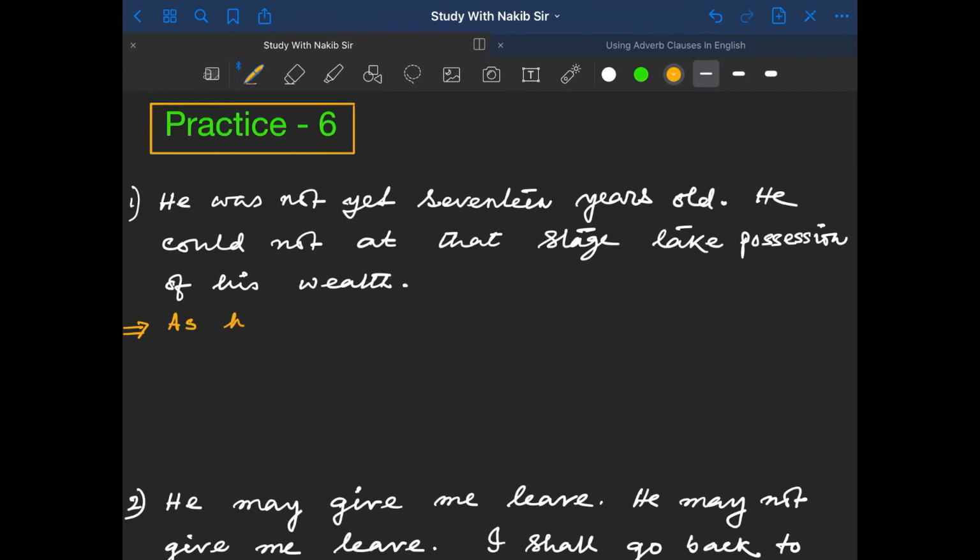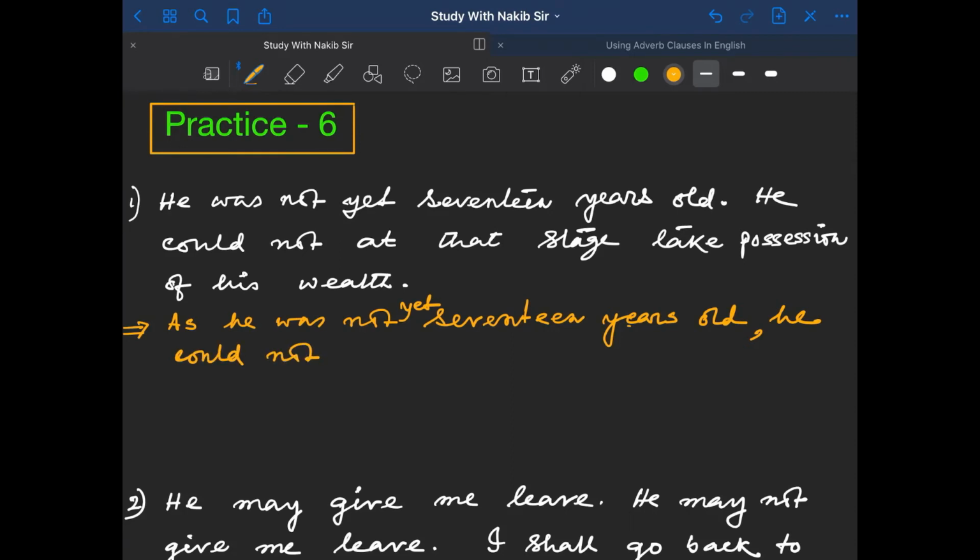Cause: as he was not yet 17 years old, he could not take possession of his wealth.